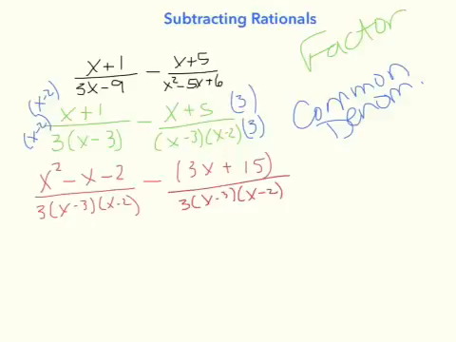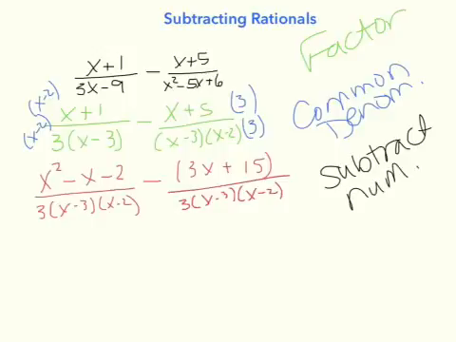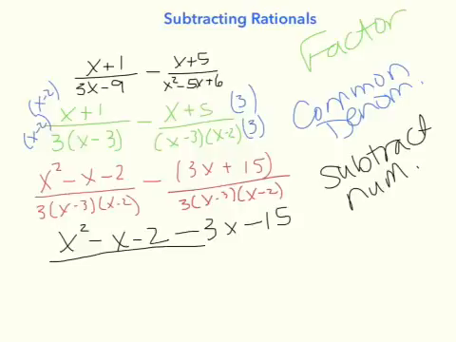Now we will subtract the numerator. So I've got x squared, we're going to put them all together, x squared minus x minus 2, and then you've got to be careful when you're subtracting, we have to distribute that negative sign. That's why I like the parentheses there. So then minus 3x minus 15 over our common denominator.